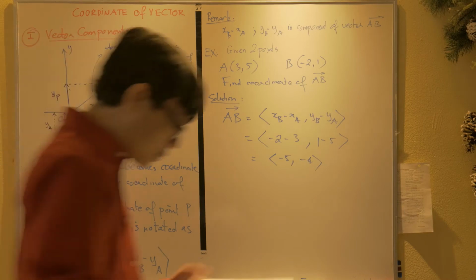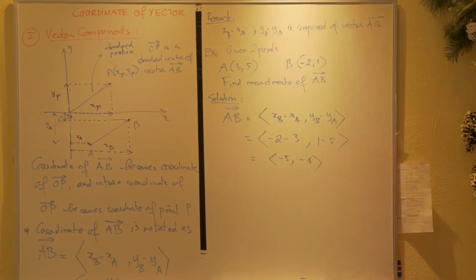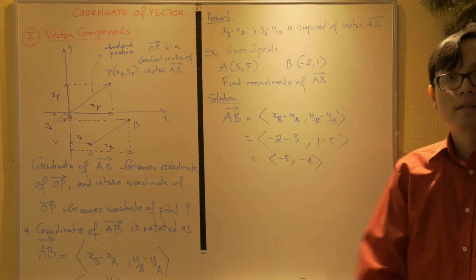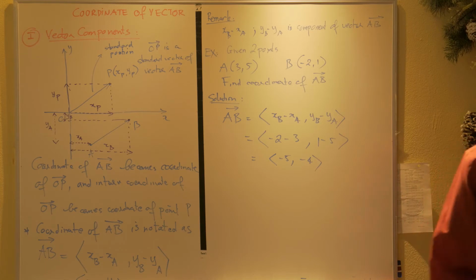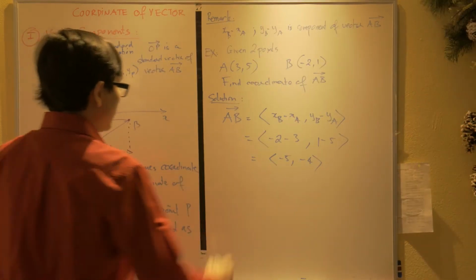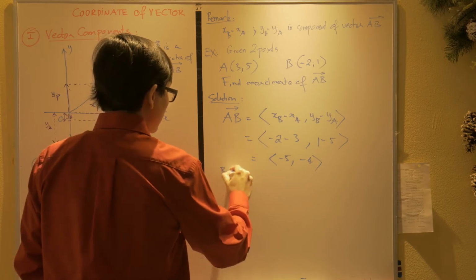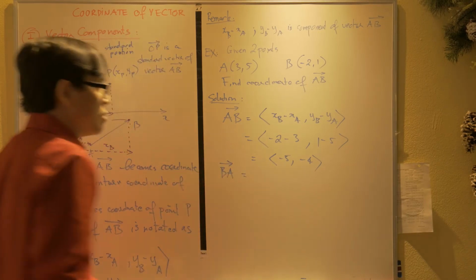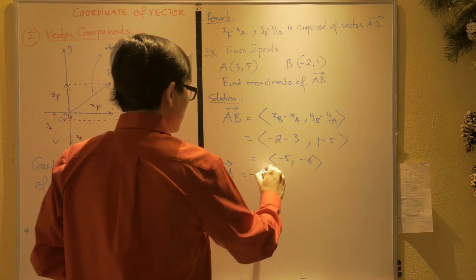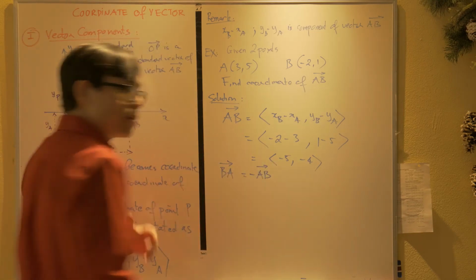Very easy. So given the coordinates of 2 points, you can find the coordinate of the vector created by those 2 points. Of course, it depends on the direction also. If you calculate vector BA, remember vector BA is minus vector AB. We already learned that in the previous video.